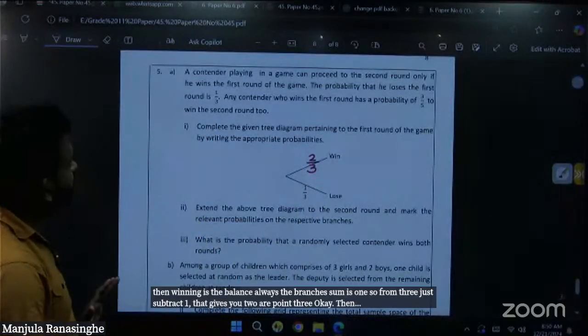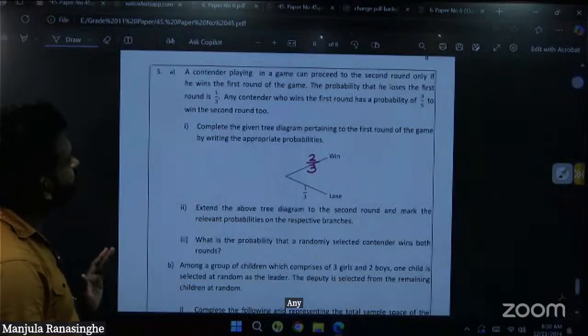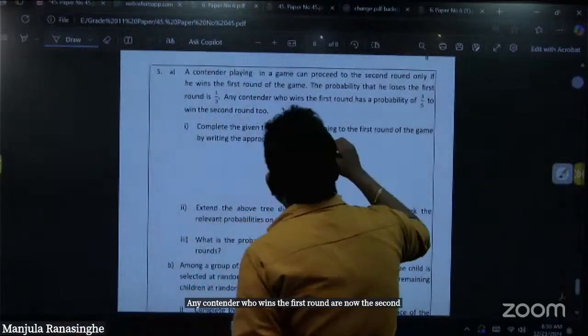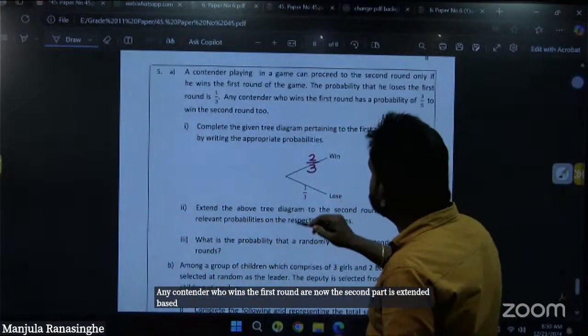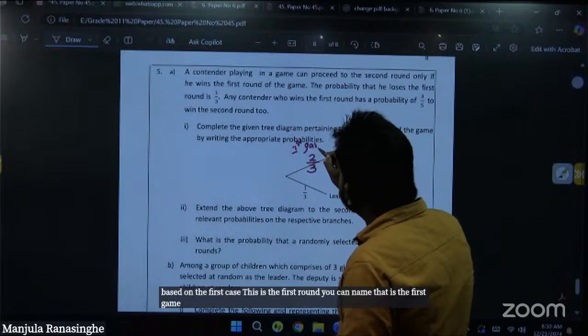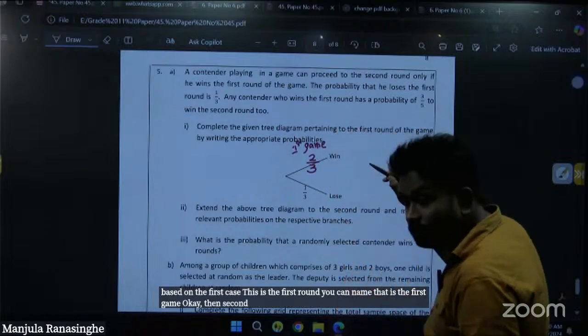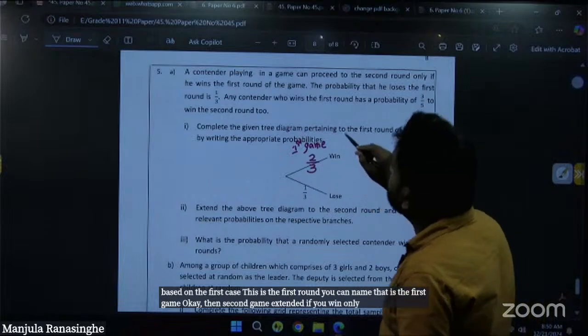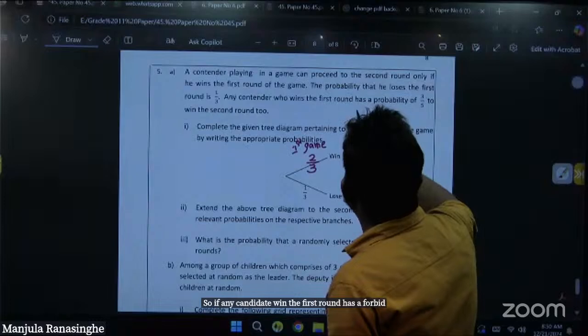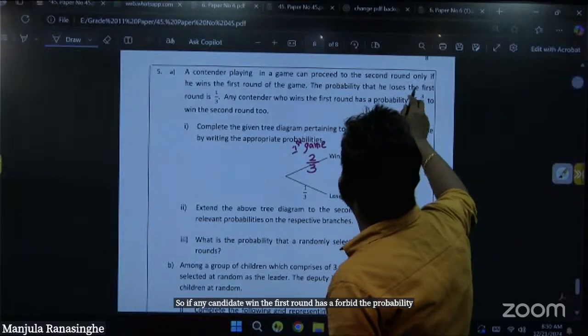Then any contender who wins the first round goes on to the second, extended based on the first case. This is the first round, you can name that the first game. Then the second game is extended only if he wins.